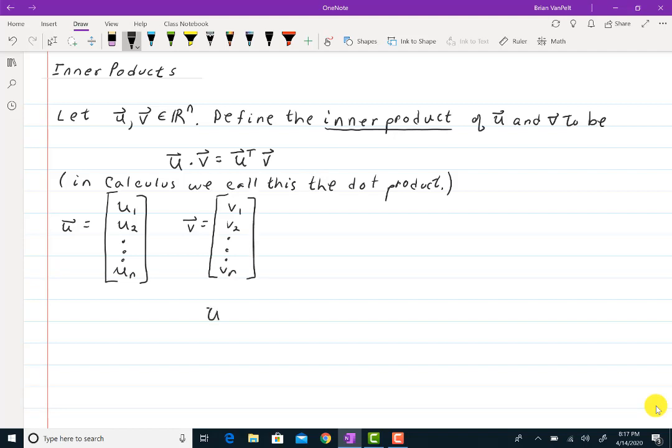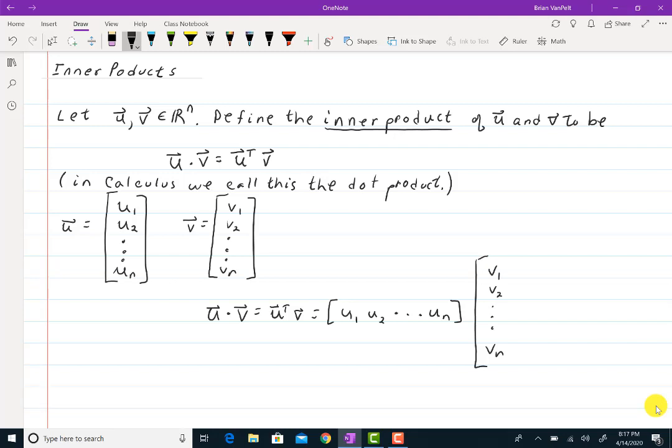Then U dot V, that's U transpose times V. So what we'll do then is we'll put U on its side. That would be the transpose of U, multiplied by the vertical vector V1, V2, up to Vn.